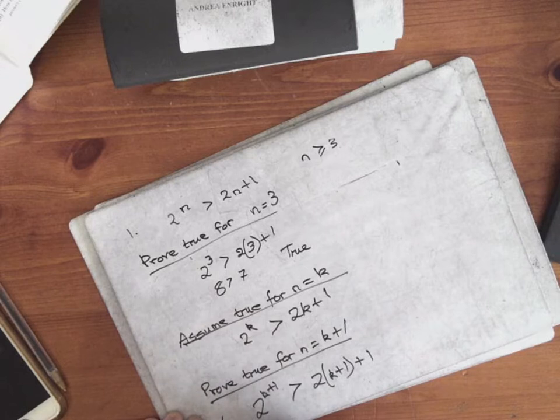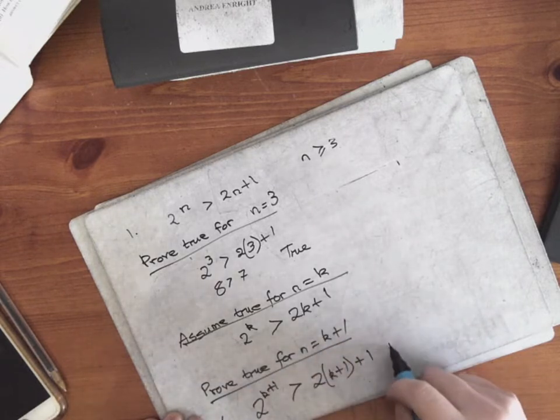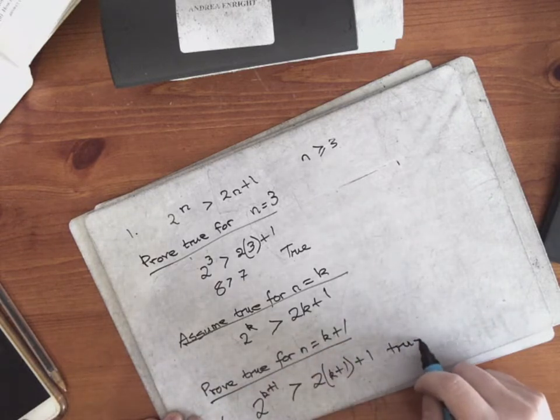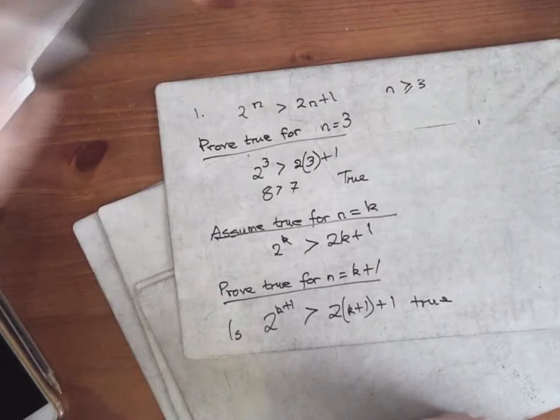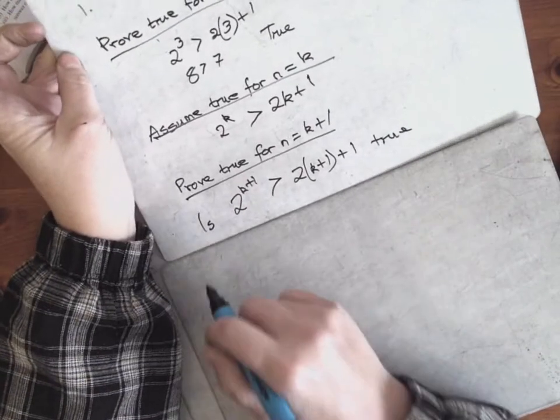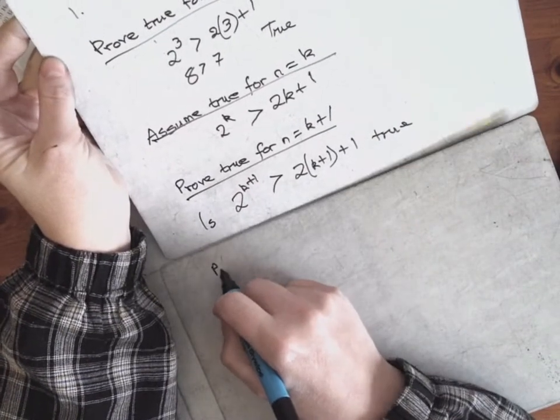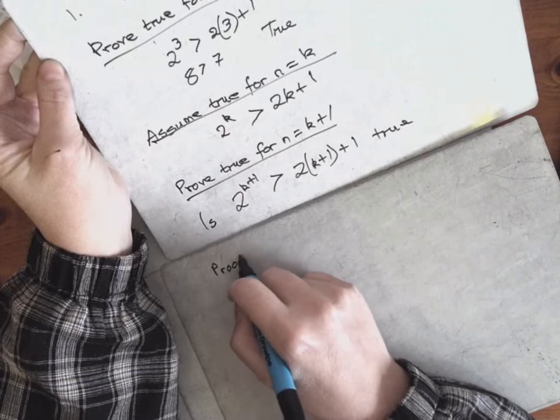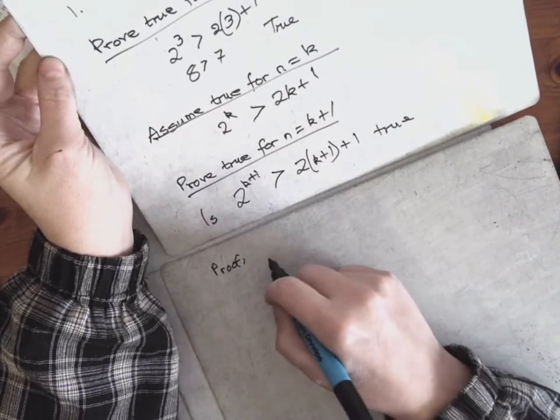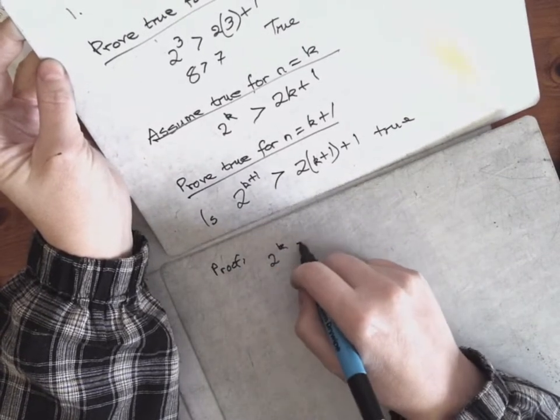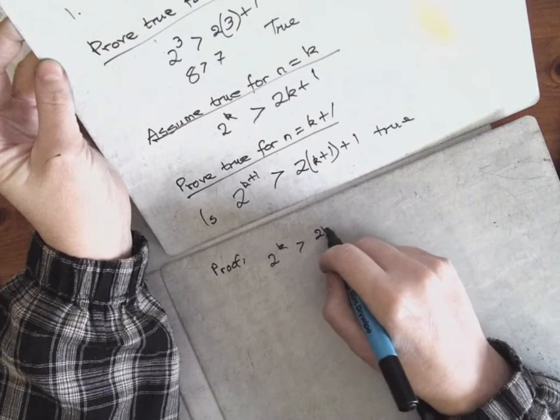So is this true? You know this is true. Okay, so for your proof, we start off with the true statement. So proof. We know that 2 to the power of k is greater than 2k plus 1.